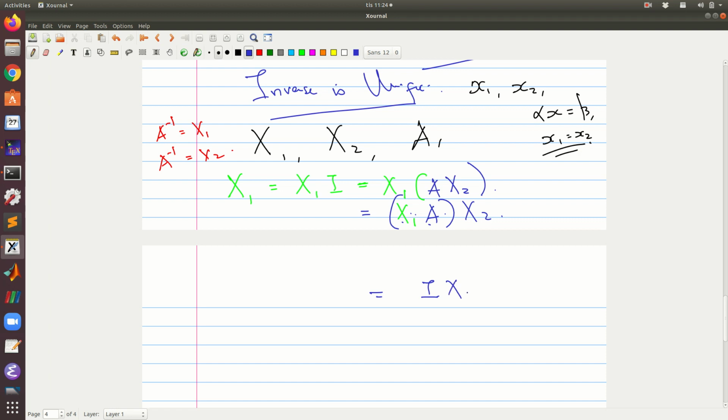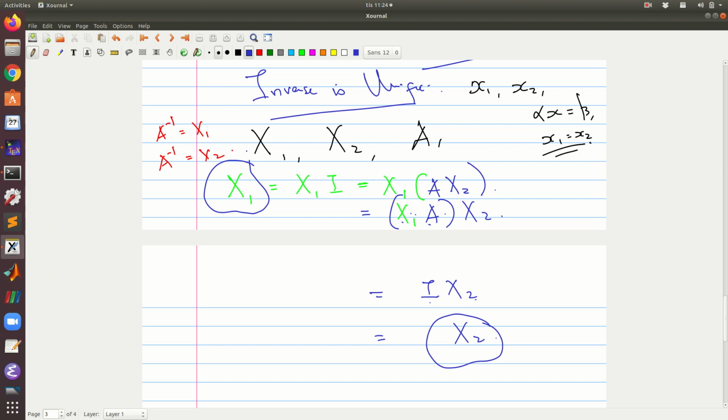Then we have times x2, and then we know that the identity times x2 is still x2, and therefore we come up with our result that x1 is equal to x2, okay.